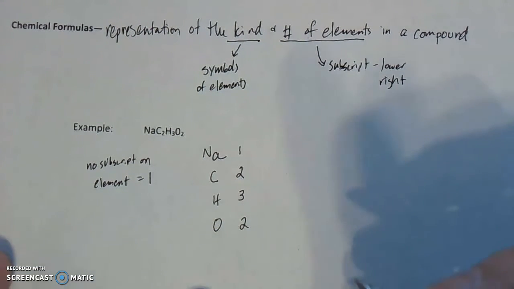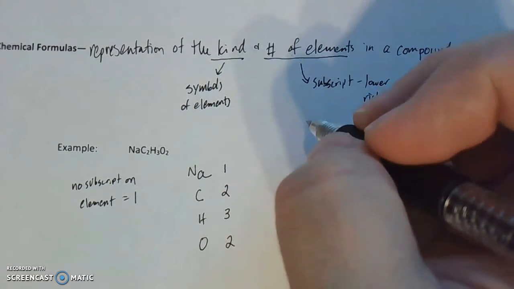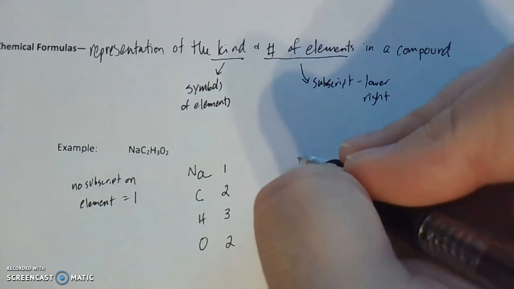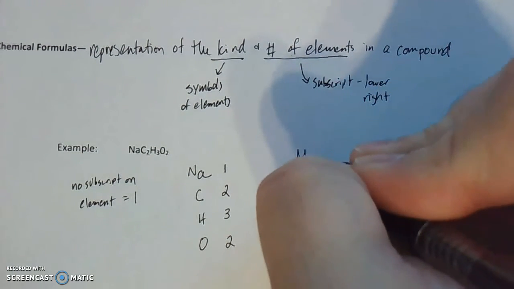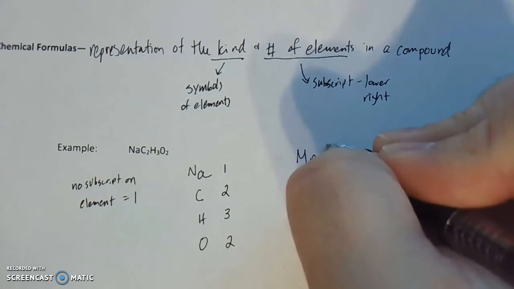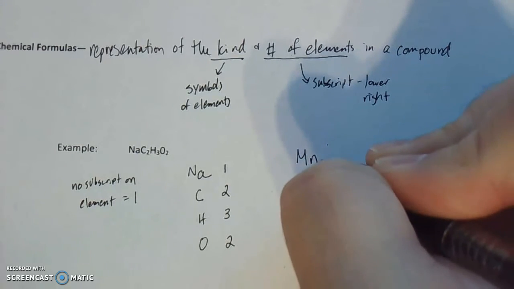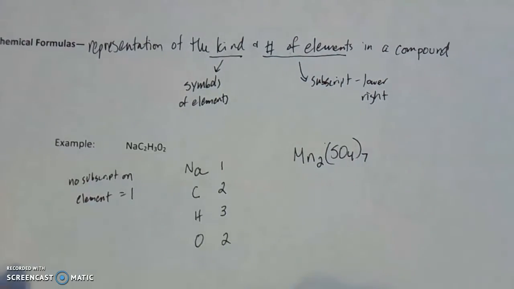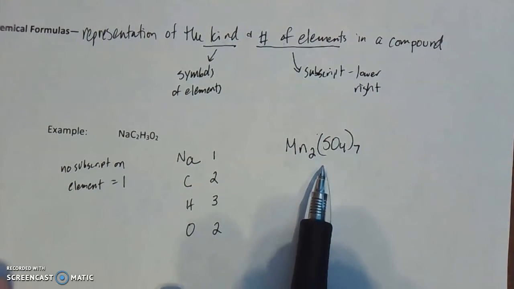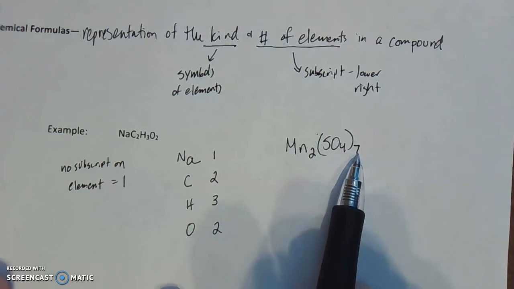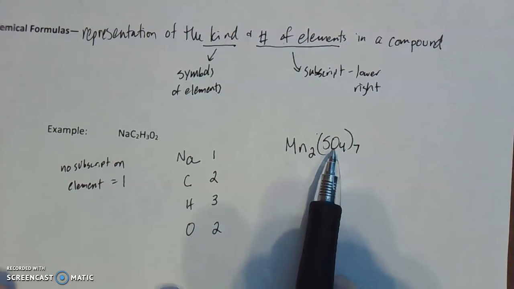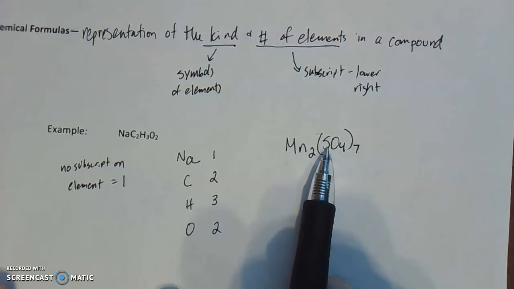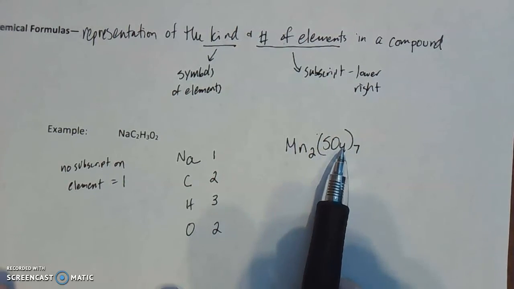If we look at one more example, let's say that we had this compound. And you'll notice that we have parentheses here. Well, if we have a subscript outside of the parentheses, we have to distribute that to everything inside of the parentheses.